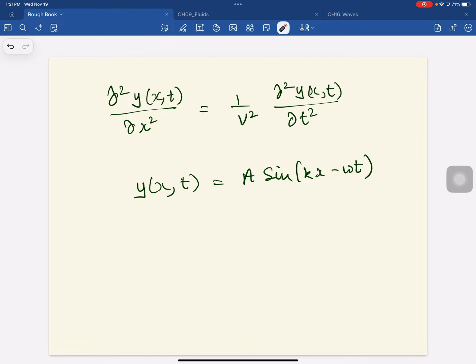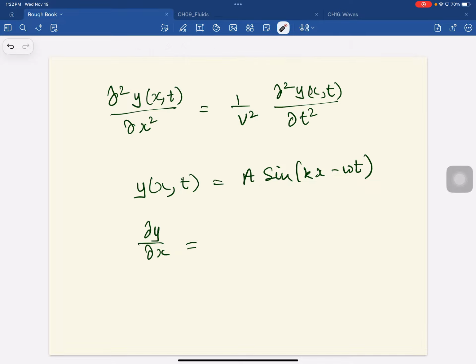Take the partial derivative of this with respect to x. When you're taking a partial derivative with respect to one variable, what are you doing to the other variable? Yeah, leaving it be, treating it as constant. So when we take the partial derivative of y with respect to x, we think of t as some kind of constant. So del y by del x is, derivative of sine is cosine.